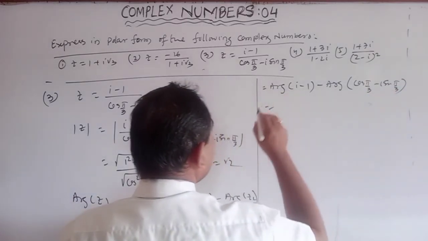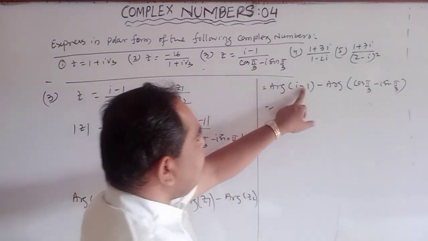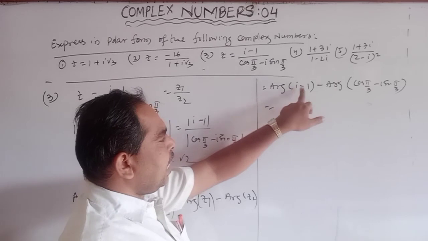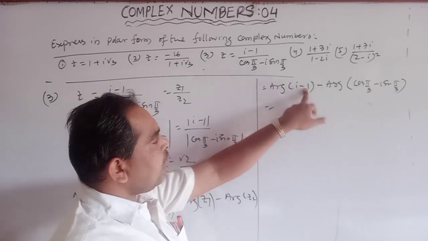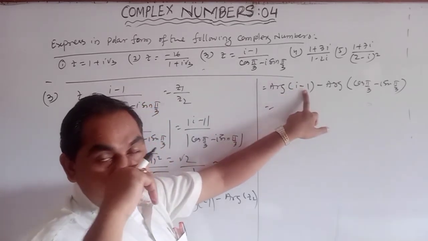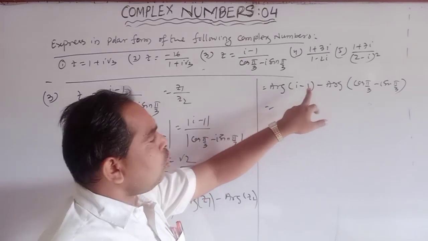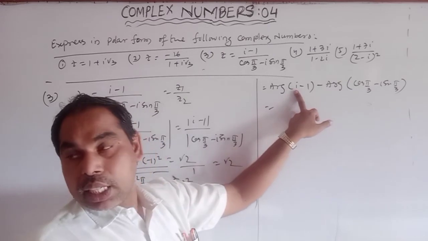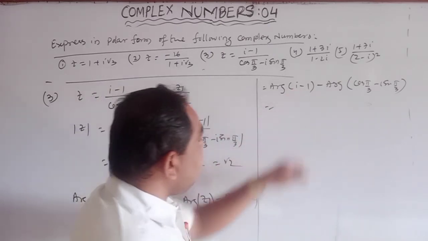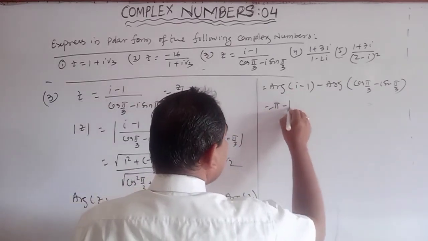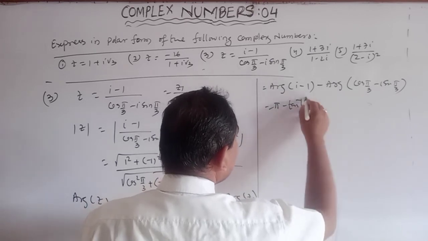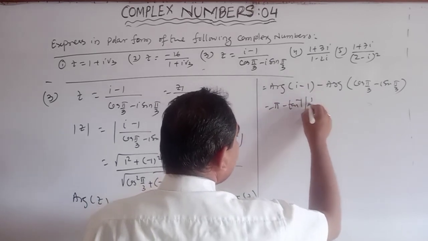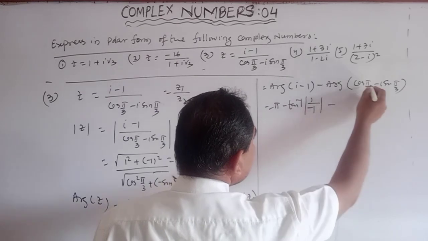So here x is minus 1, y is 1. X is minus 1 because in i minus 1, minus 1 is the real part, i is the imaginary part. So x is minus 1, y is plus 1, so it lies in the second quadrant. Second quadrant argument means pi minus tan inverse mod of 1 by minus 1, minus the argument of the second, which is pi by 3.